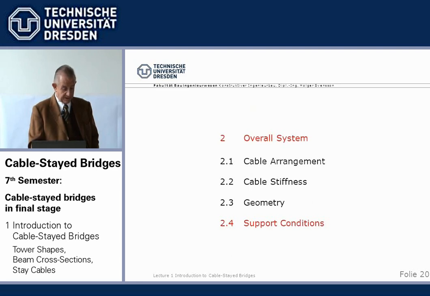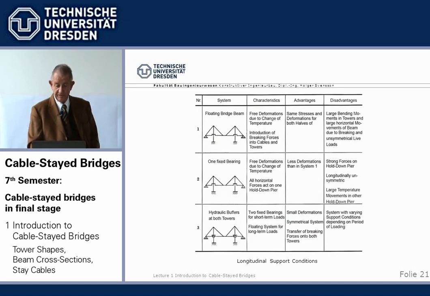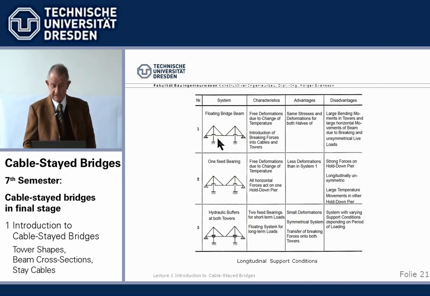And finally, we have here from the overall system some support conditions. I'll make that briefly. If we have high longitudinal forces from, say, railway braking, we want to distribute them.